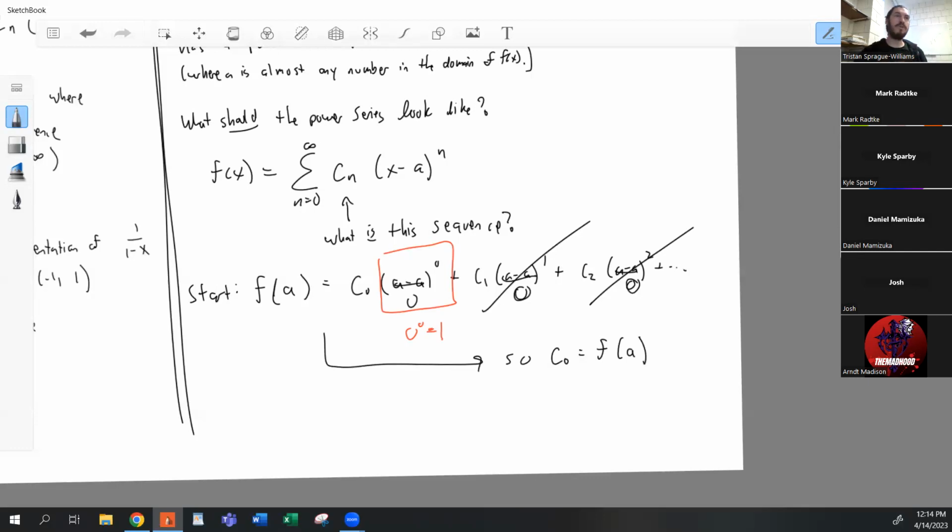So for the coefficients of the power series, we know the first one is f of a. If you can evaluate f of a, then you can get the first coefficient in the sequence. Okay, well, that's a place to start.